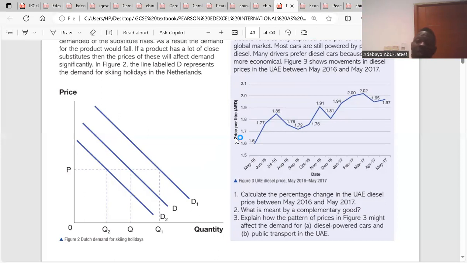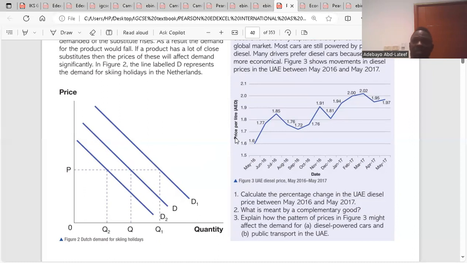So for substitutes, it is the price of the substitute, not the price of the product. If it's about the price of the product, it leads to movement along the demand curve, which is up or down. But if it comes to the price of a substitute, we're not talking about the product itself, we're talking about its competitors. That means the price of the product compared to the price of its competitors.